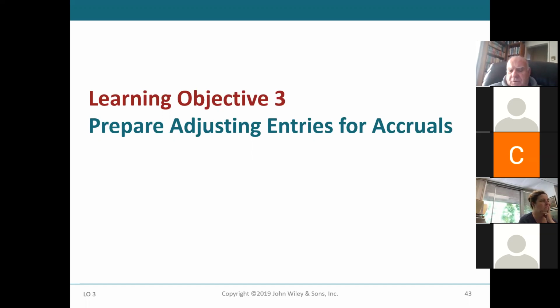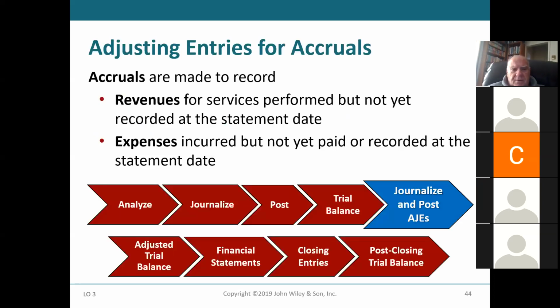Here's a clue on deferrals. With a deferral, money changed hands. It's the service that's deferred. With an adjusting entry, we've incurred the expense but not recorded it, or we've earned the revenue but haven't recorded it yet. So let's take a look at accruals.